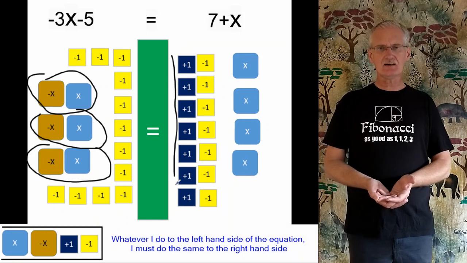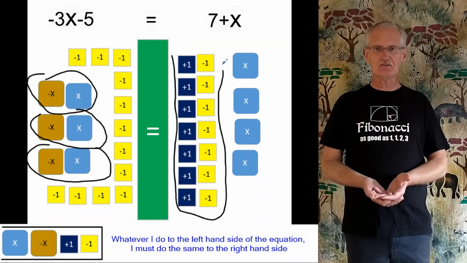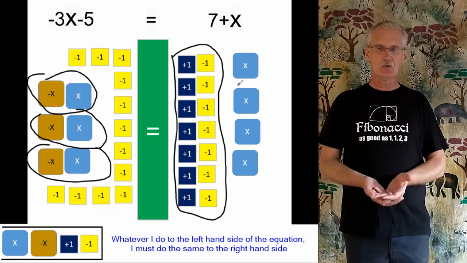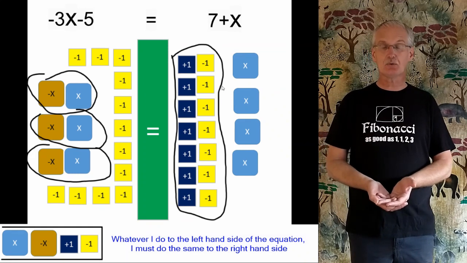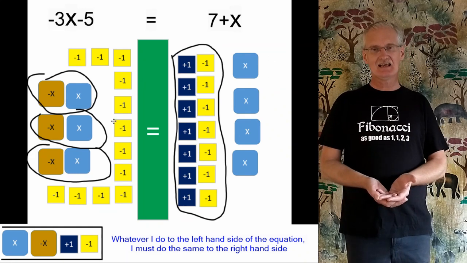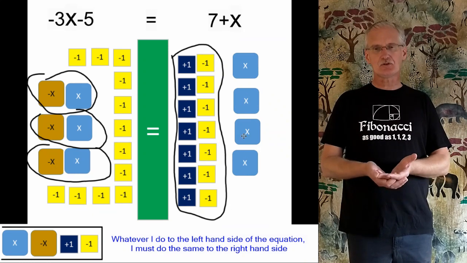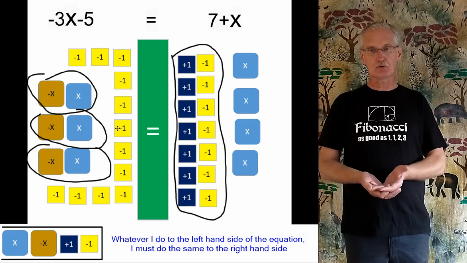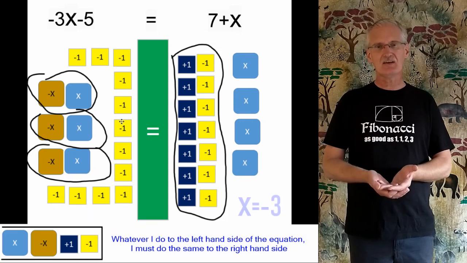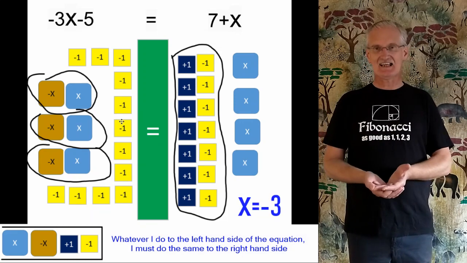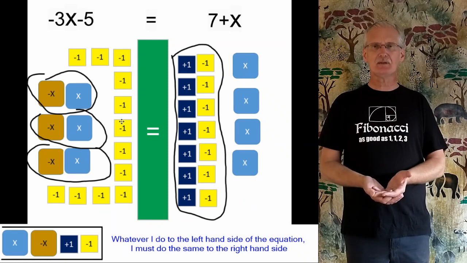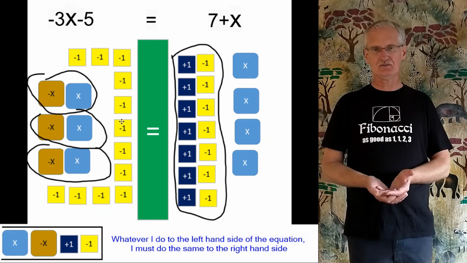And once we're done there, you would be able to see that all of that is just 0. We have lots and lots of zeros there. What's left? Well, we have 4 x's and we have -12. Now, I haven't got space here, but you would break it out into 4 groups and you would end up with x equals -3. So even that complex, we can work with it.